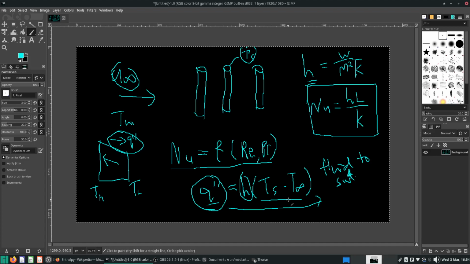This is the rough idea. Do check whether this is correct. When I say fluid and surface temperature, that's the idea. Let me know if I made a careless mistake here, but the idea is the same.